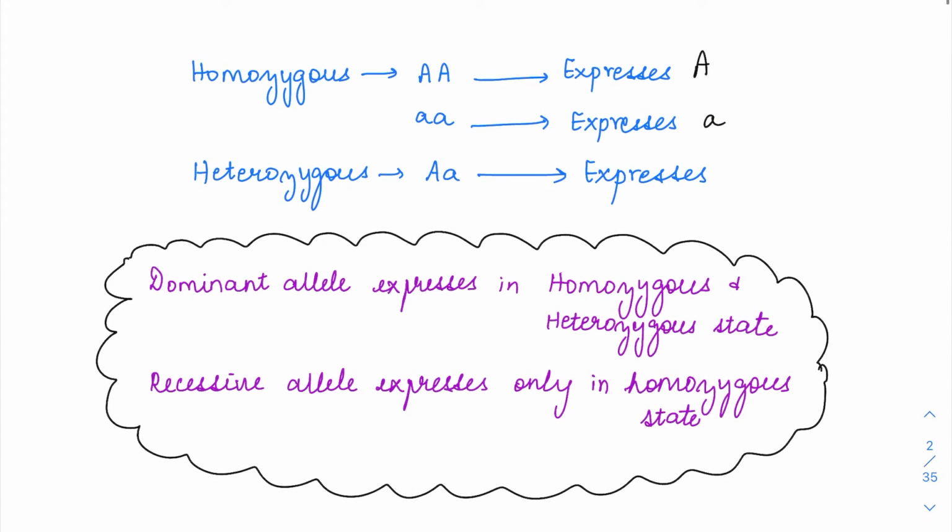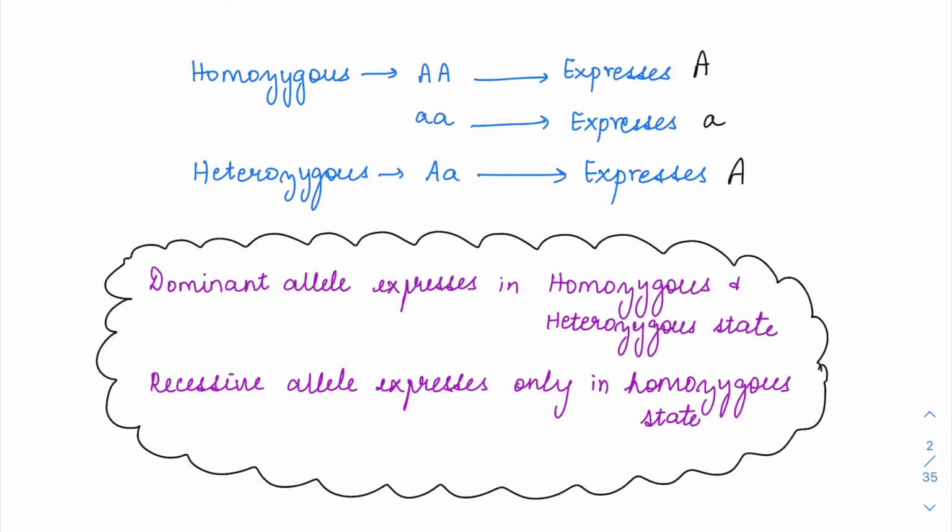But in a heterozygous state, there is a difference in the allele combination. One will be of the capital letter and another of the small letter, so a dominant and a recessive together. In this case, what will be the expression? Here it is the dominant allele which will be expressed. So remember this: in a homozygous state, whatever is there is going to be expressed, while in a heterozygous state, it is the dominant allele which is expressed.